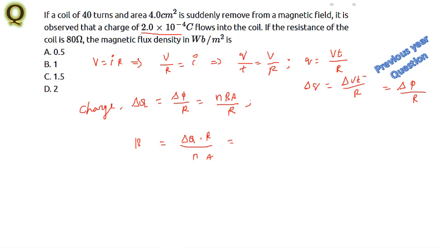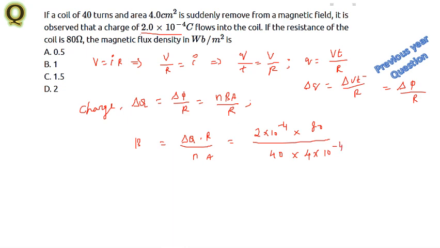Now substituting, the charge they have given is 2 into 10 power minus 4, and the resistance they have given as 80 ohm, divided by the number of turns they have given as 40, into the area, which is 4 centimeter square, that is 2 into 10 power minus 2 the whole square, 10 power minus 4.